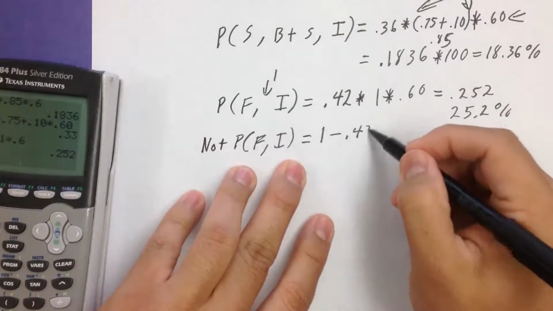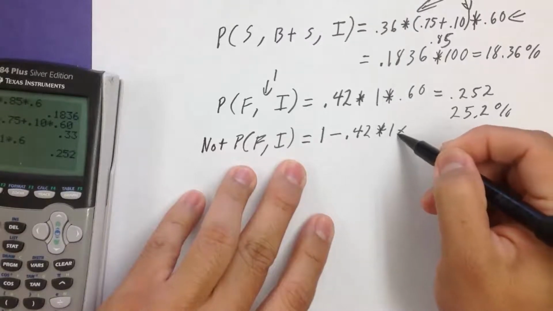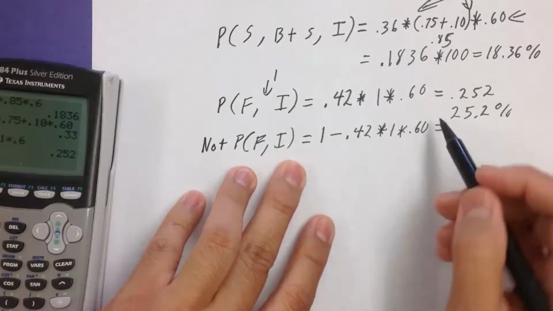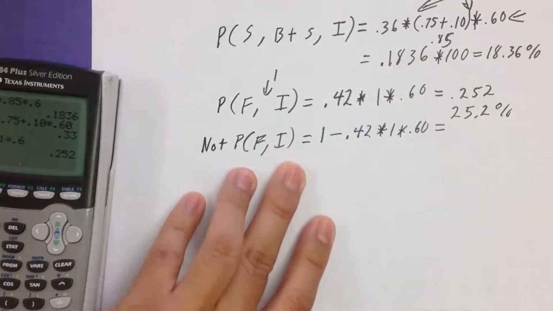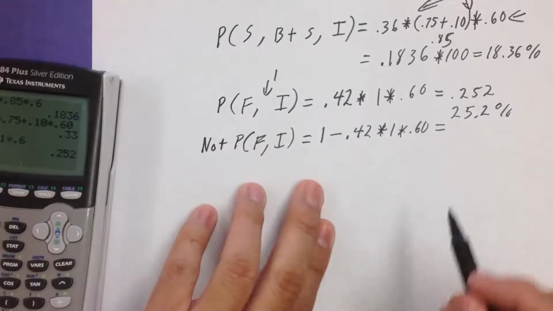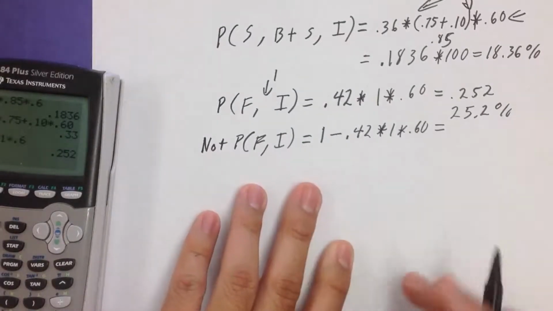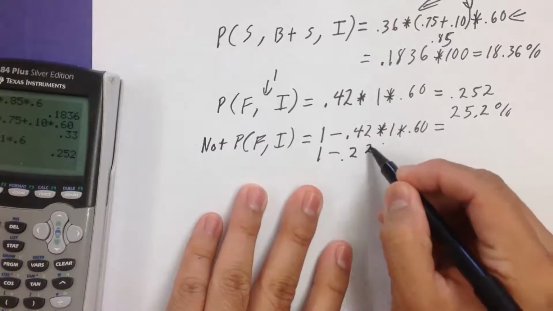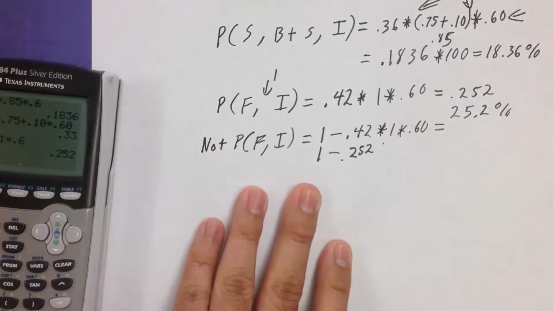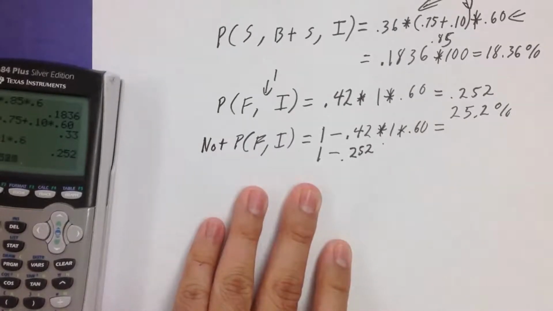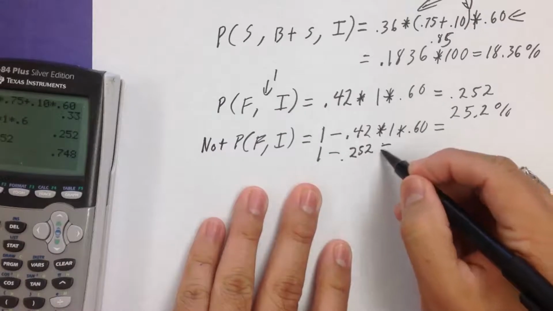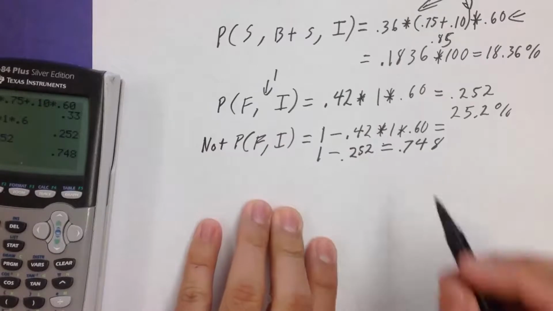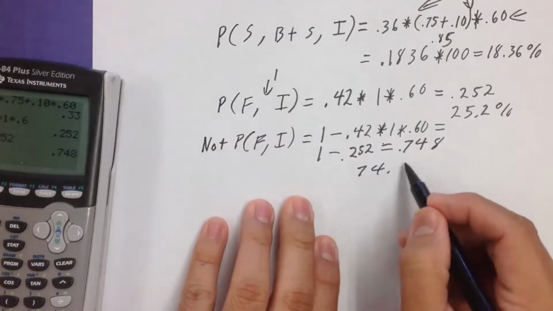So it's like taking 0.42 times 1 times 0.60, and you first do your multiplication. You subtract that from 100 or 1, and you get a new number. So that'd be 1 minus 0.252. So that's 0.748, and that means that's 74.8%.